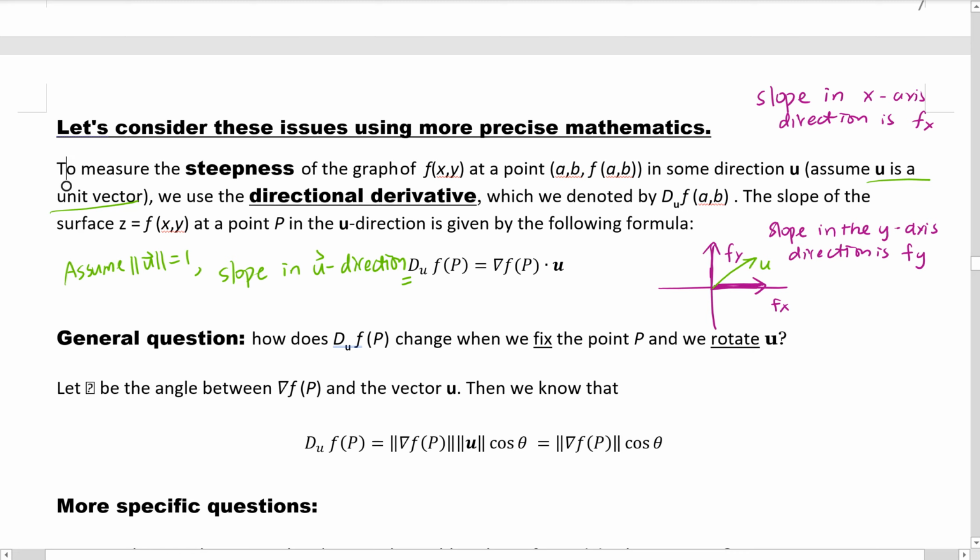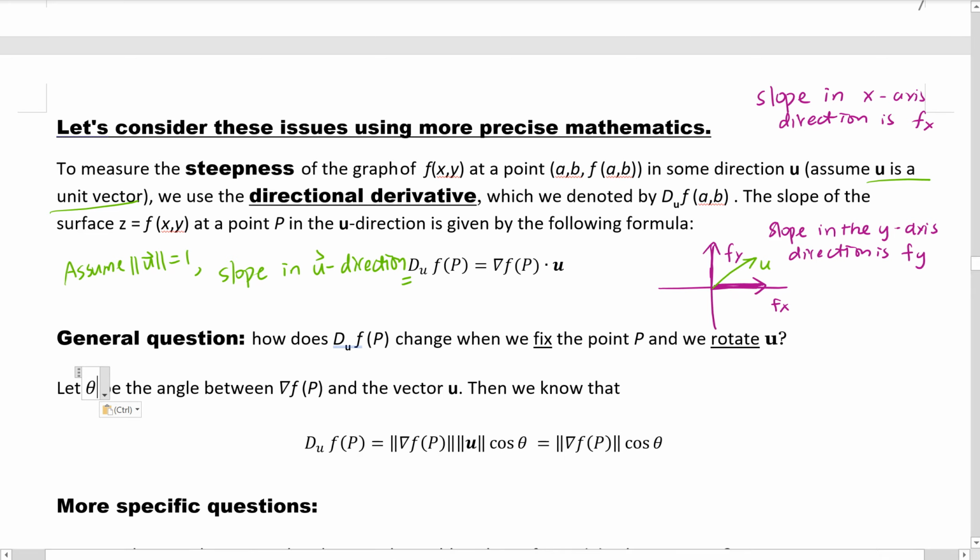General question: how does this directional derivative change when we fix the point P and rotate u? Let theta be the angle between the gradient vector and the vector u.